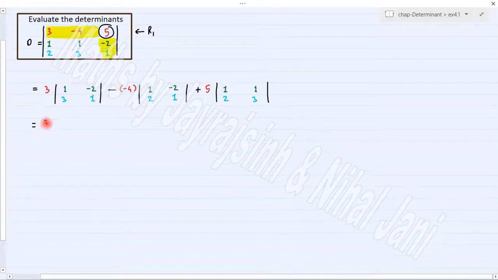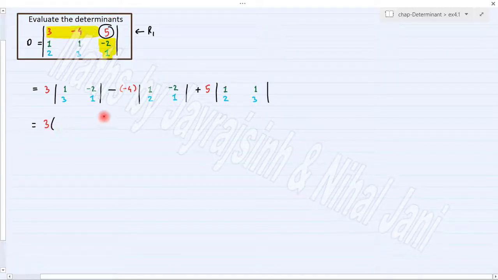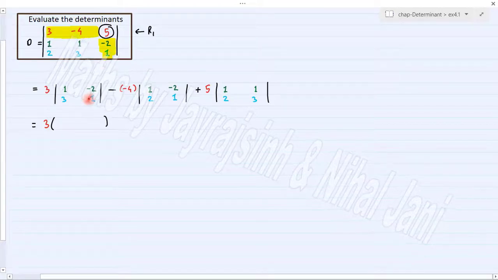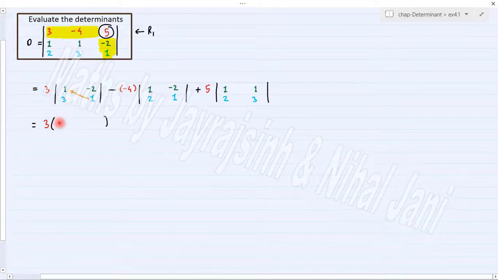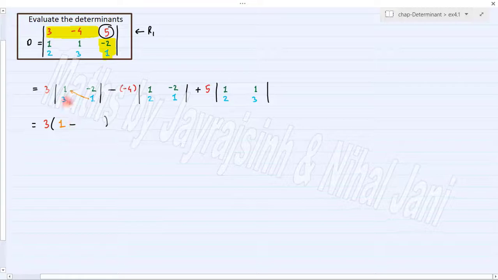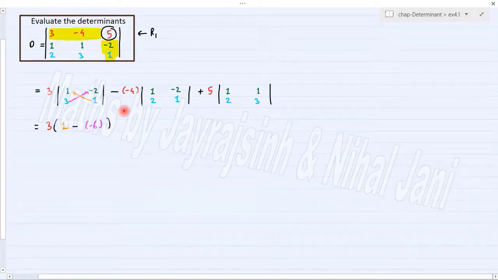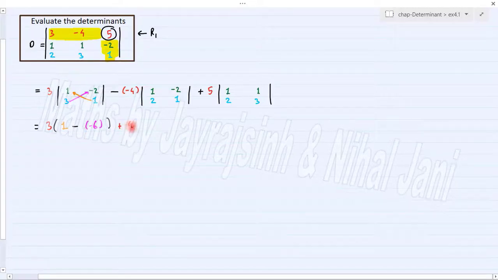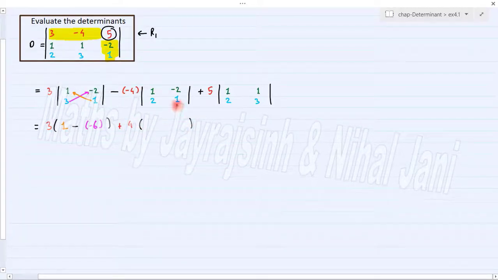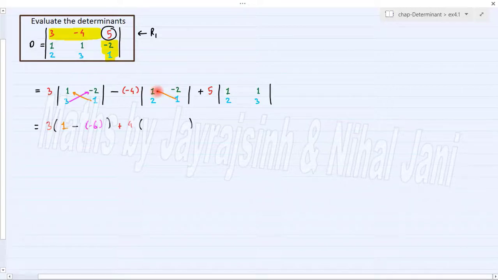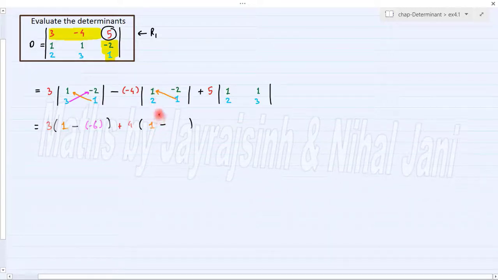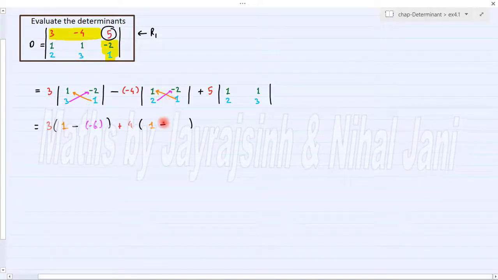Now let's simplify. Your first element 3 will be as it is. Let's get the value of first determinant. By multiplying 1 with 1 will give us 1, minus 3 minus 2 is a minus 6. In second element, minus minus become plus 4 and cross multiply. 1 1s are 1, minus 2 minus 2 is a minus 4.